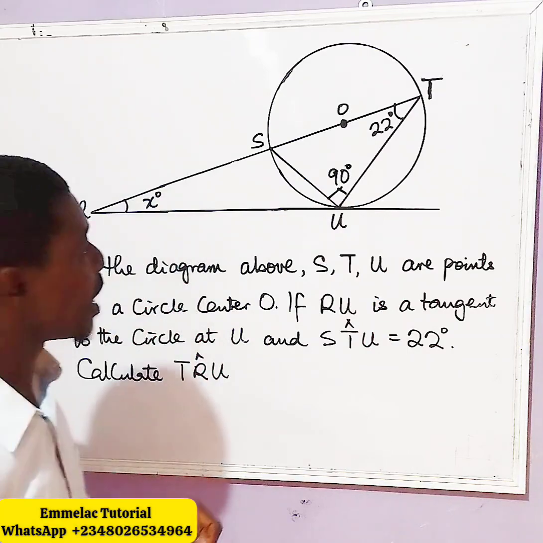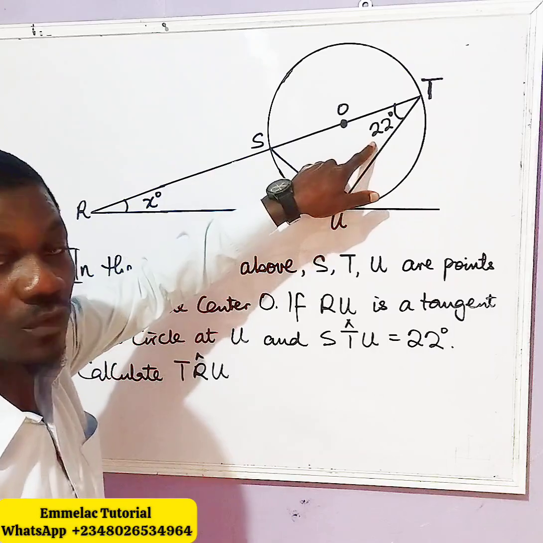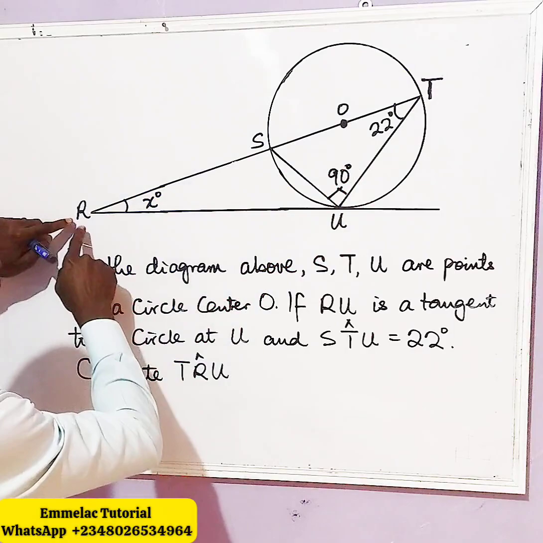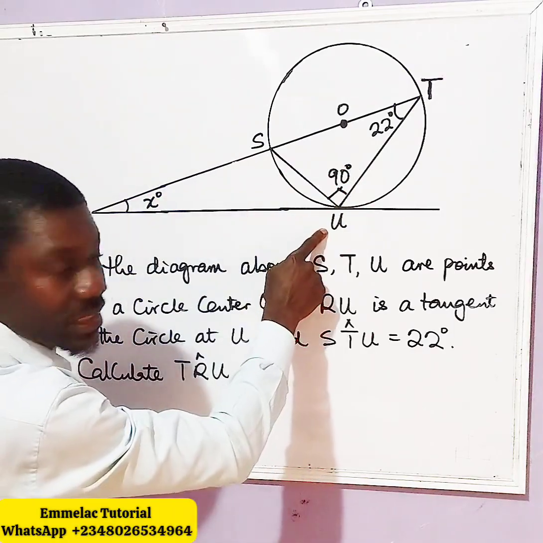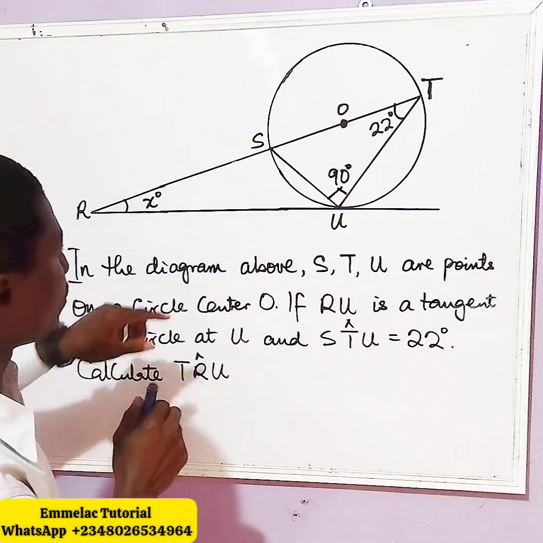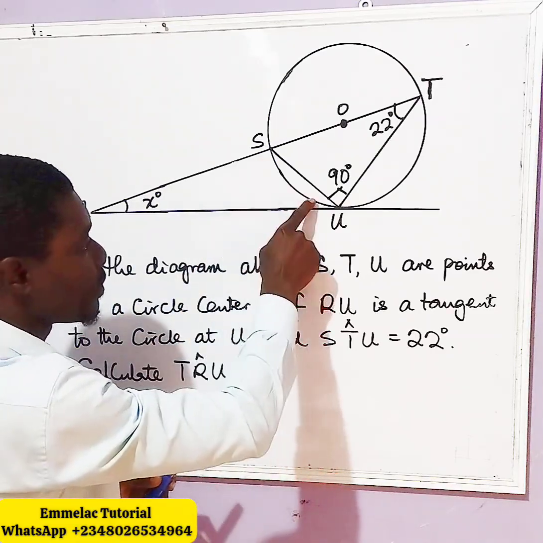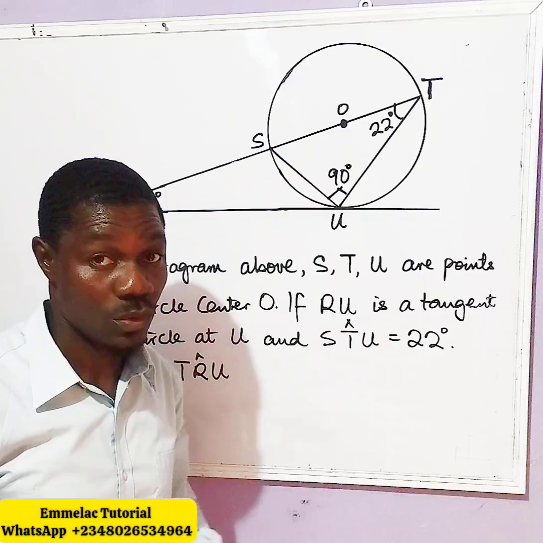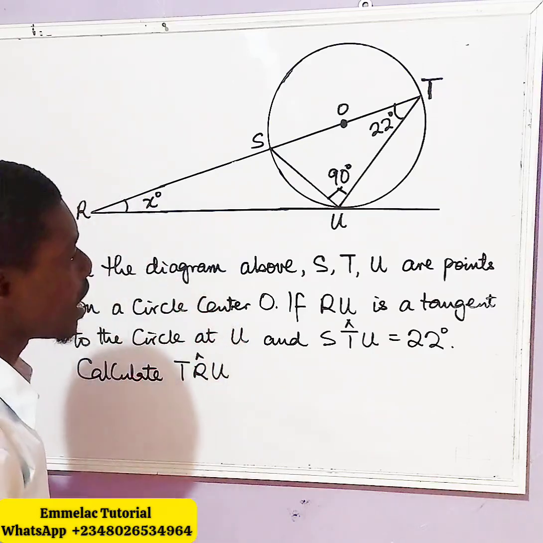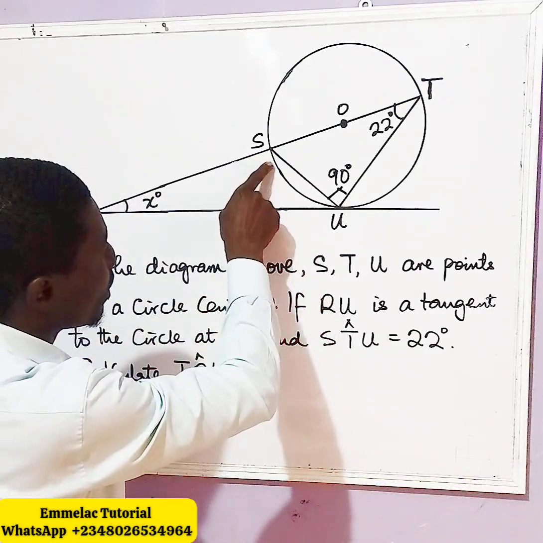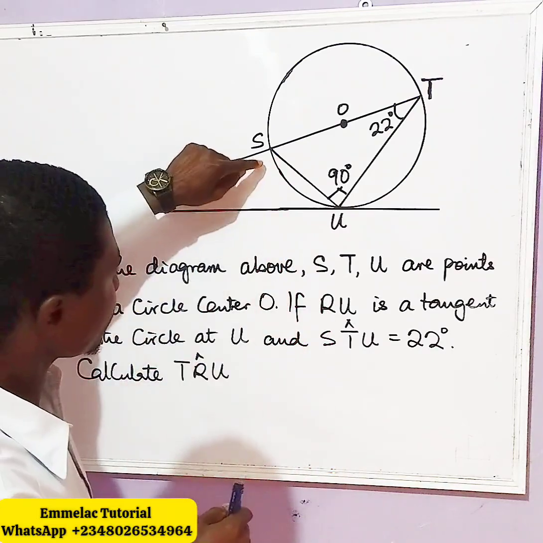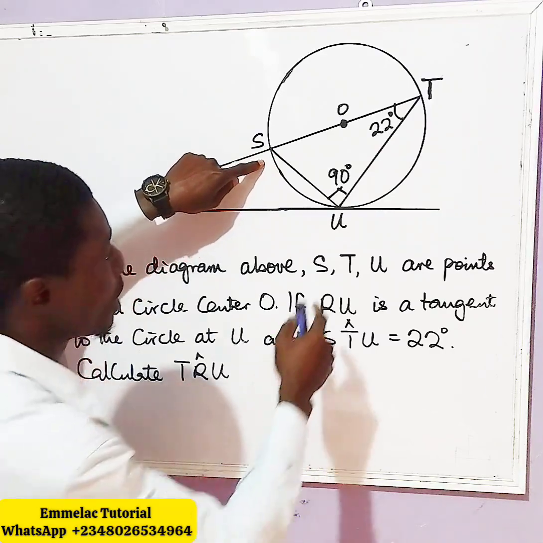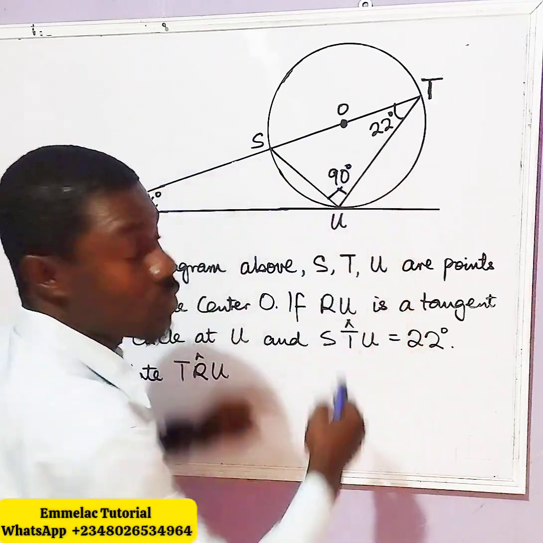Now since we've gotten this, take note of this triangle RST. Let's find this angle and this angle, and we know that the sum of angles in a triangle is 180 degrees. For us to get this angle here, take note that this angle is an external angle compared to these two.